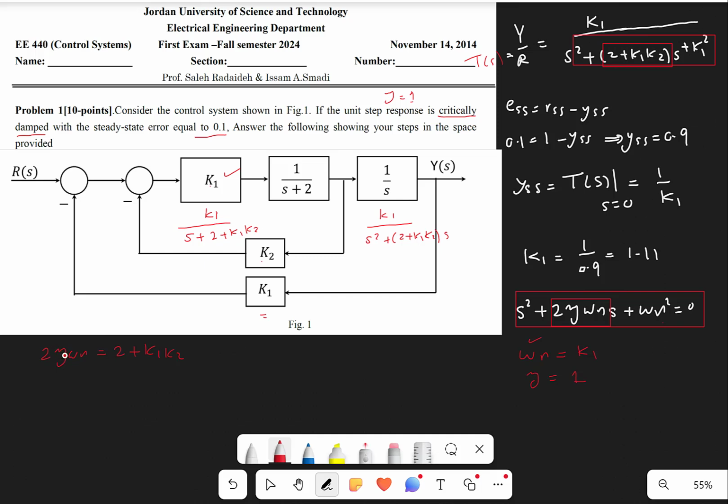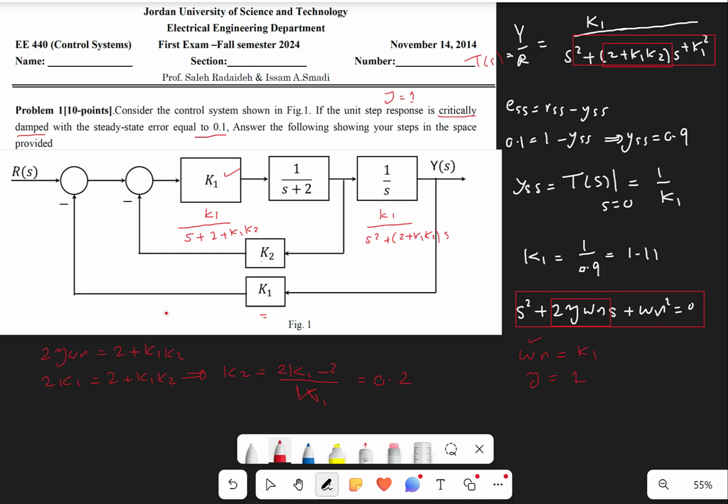But zeta equals 1 and omega n is equal to K1, so 2 K1 is equal to 2 plus K1 K2. So from here we can find K2, which will equal 2 K1 minus 2 over K1. Now if we do the math, this will equal 0.2. So now we have K2 also.